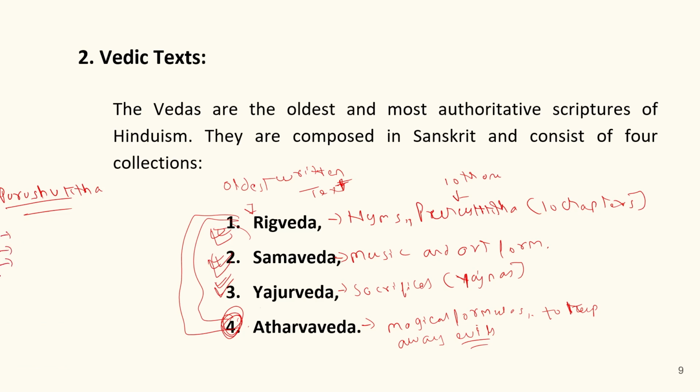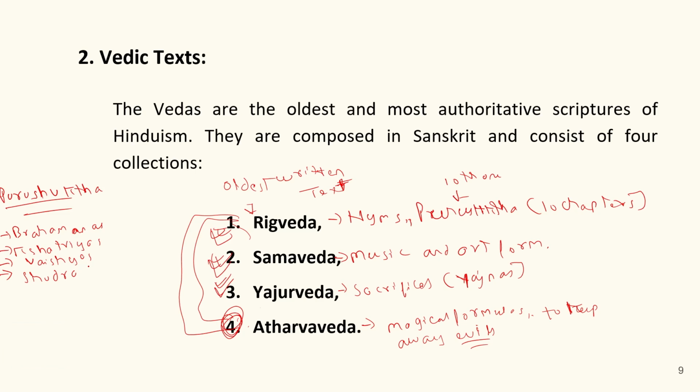There are four words: Brahmanas, then Kshatriya, then Vaishyas, then Shudras.